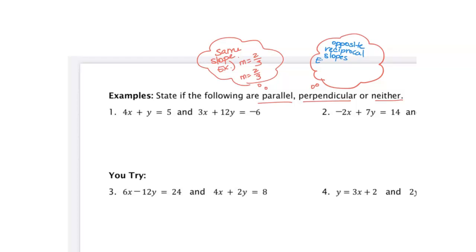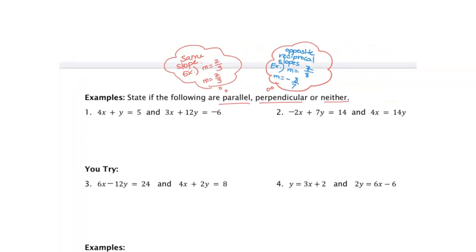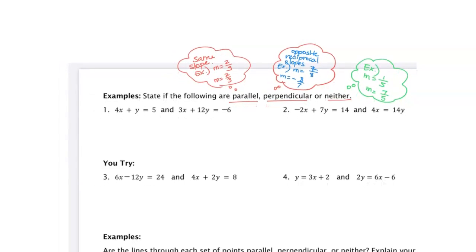An example would be one is 7 over 8 and the other is negative 8 over 7. Those are opposite reciprocals. And if it's neither, you'll see something like m is 1 over 5 for one and m is 7 over 5 for the other. That's neither, because they're not the same and they're not opposite reciprocals.